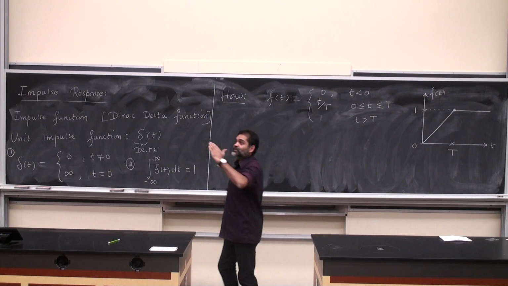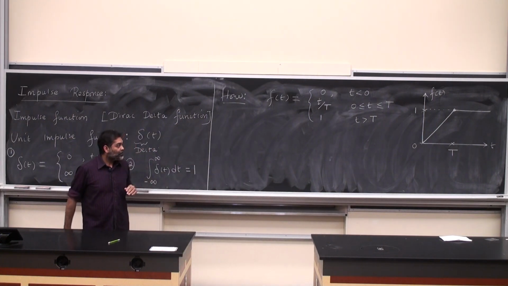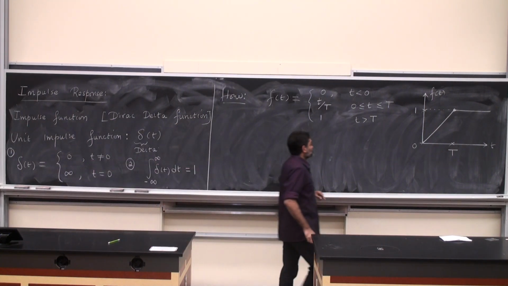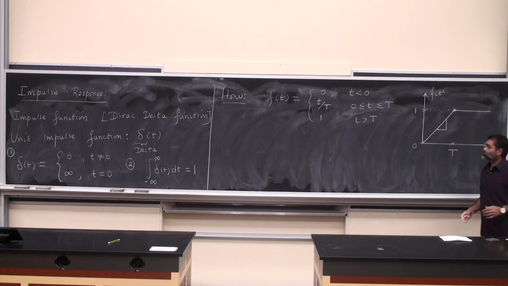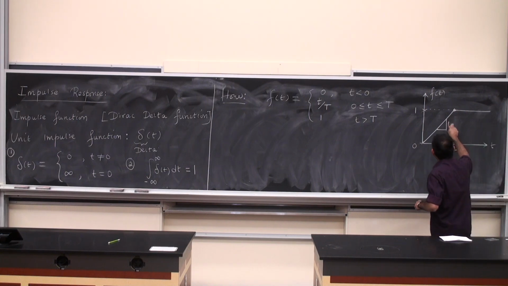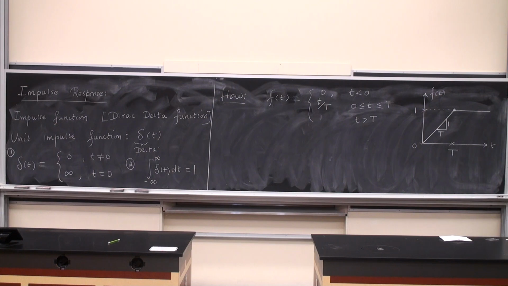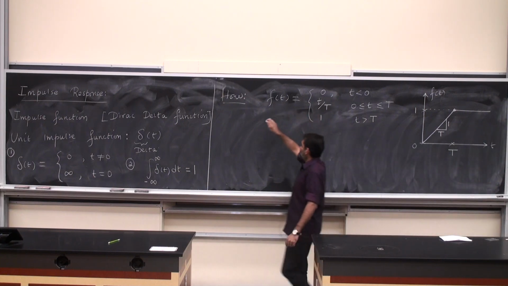And in between, it is rising linearly. And so the slope of this function, you could consider it from the interval 0 to T and 0 to 1. So the slope is going to be 1 by T. Does this make sense to everybody? Okay? So we start off with this function.